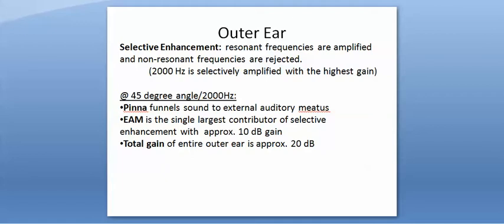The pinna funnels the sound right to the external auditory meatus, and then the external auditory meatus is the largest contributor to the selective enhancement. And it allows that 2,000 hertz to bounce off of its walls, basically. And 2,000 hertz is just this cycle per second, right?